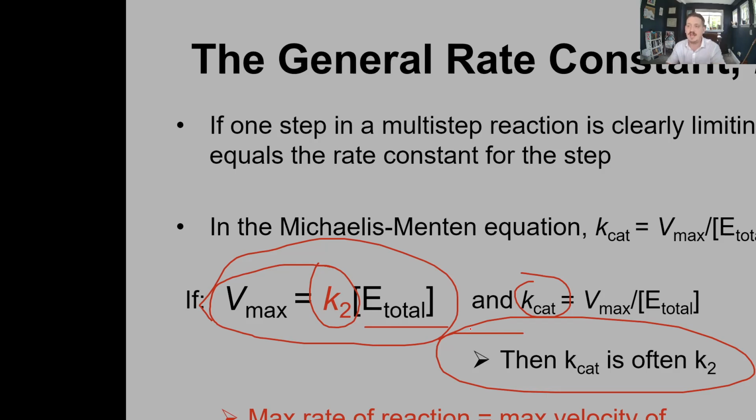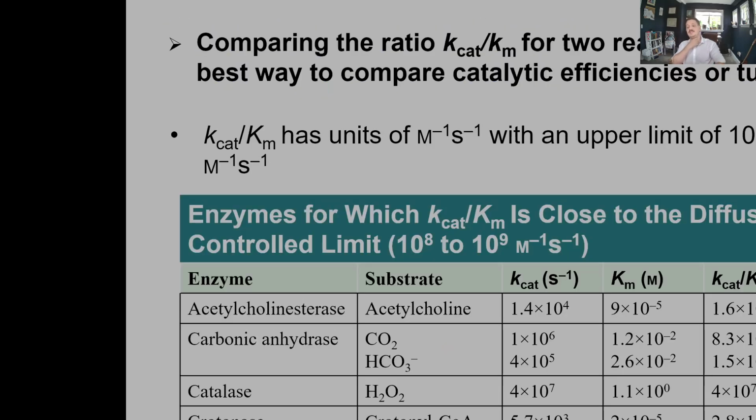So if we have our reaction, which has a concentration of enzyme in it, if we divide by the concentration of enzyme, we'll find out per enzyme. And so K2, Kcat, is Vmax per enzyme, right? So it's how much is made per enzyme.